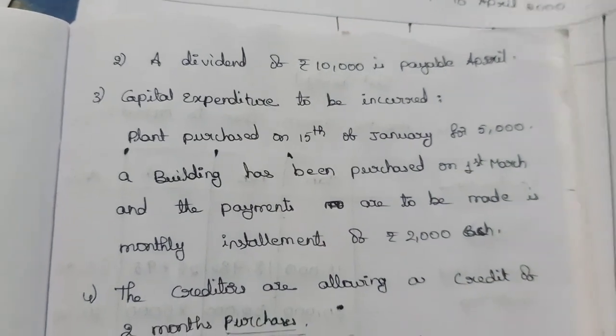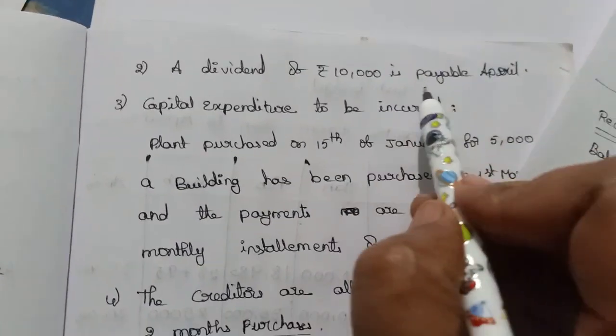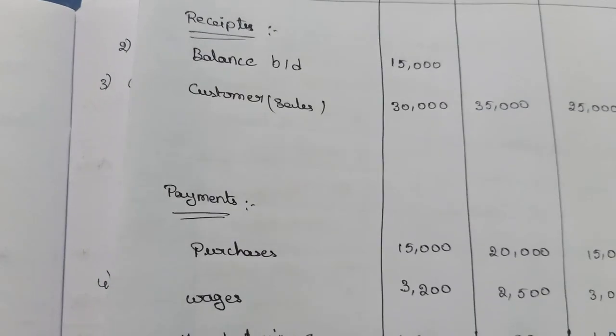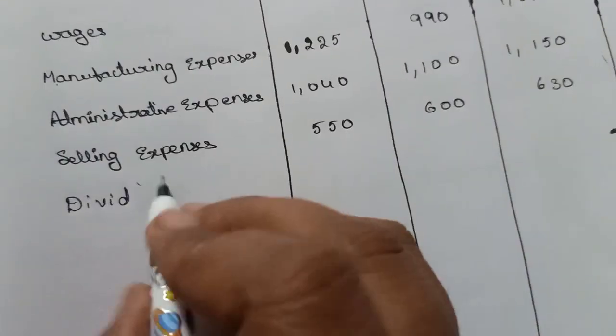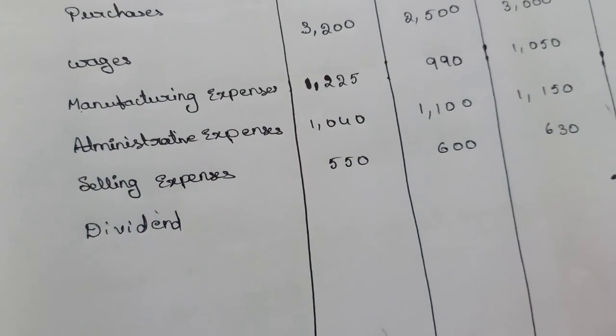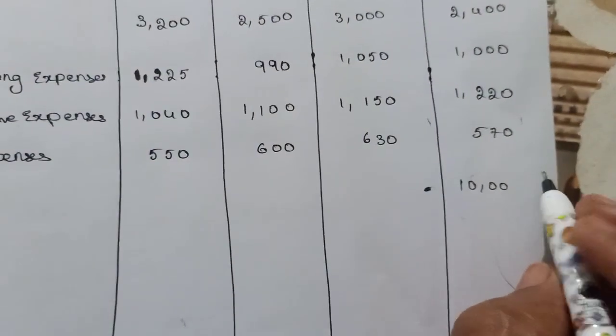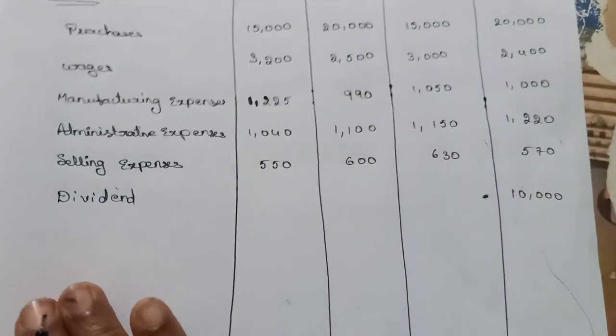So what amount do we have to note for the dividend? The dividend, that means payable. You have to find out that point. Dividend is payable. So the dividend payable in the month of April is 10,000. Okay, the dividend amount is 10,000.